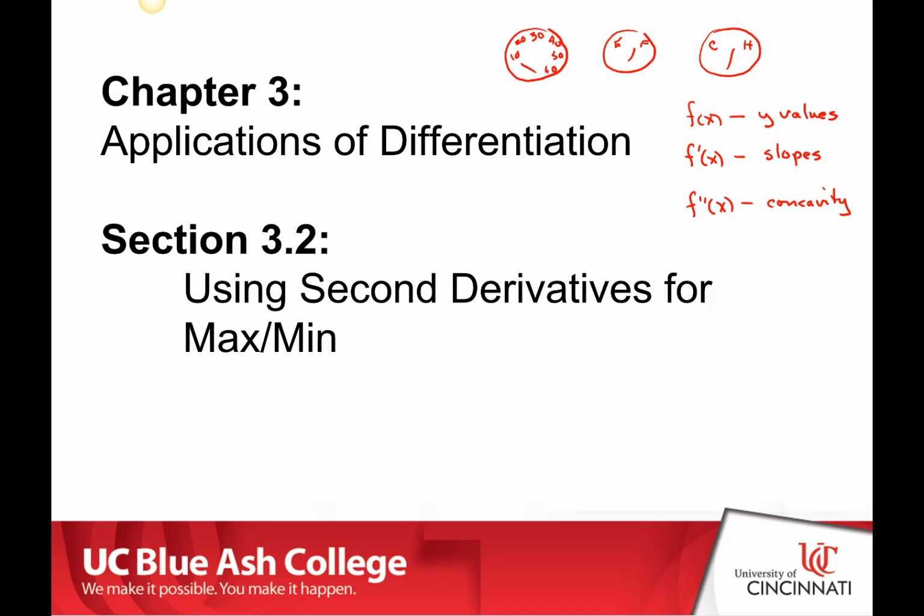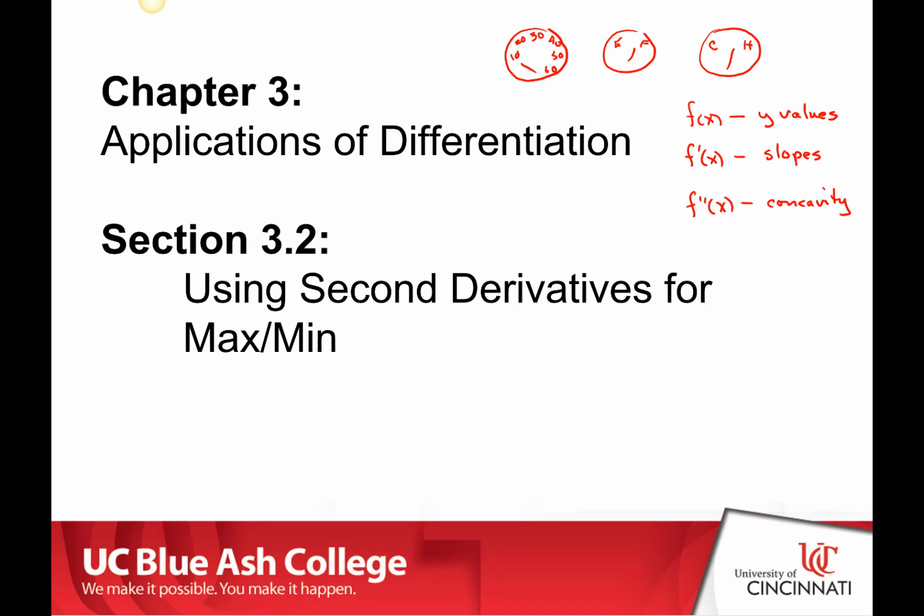Our original function tells us what's actually going on. The original function is going to model whatever the situation is that we're trying to describe, whether it be production, temperatures, total sales, the concentration of a medicine in the blood system.